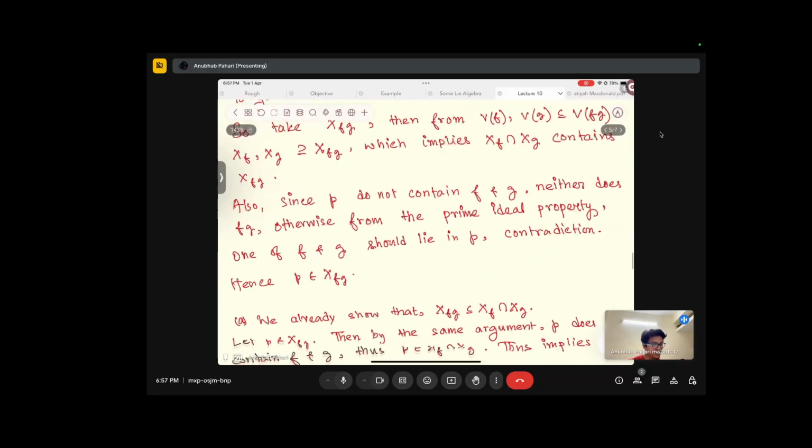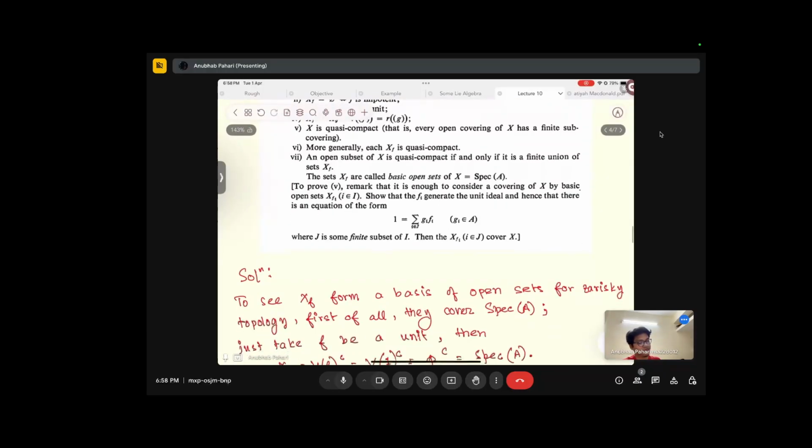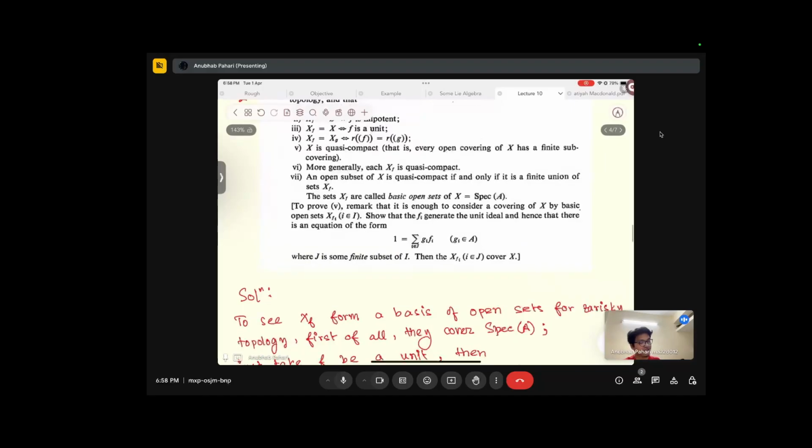Okay, so for the fifth one, X is quasi-compact. You know what a compact set is, right? That every cover has a finite subcover. And in algebraic geometry, we just say this as a quasi-compact set. So you can say it as compact also, but yeah, these are quite similar.